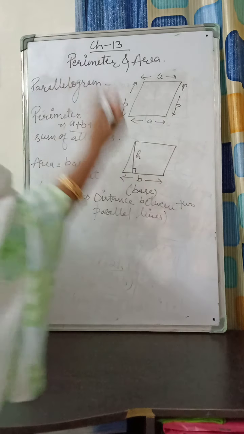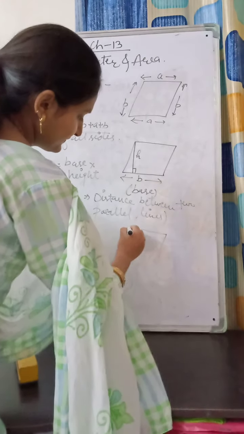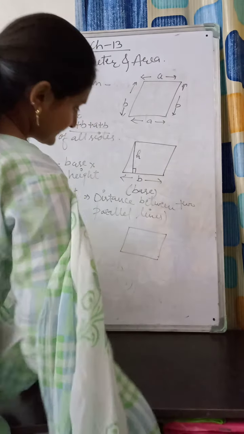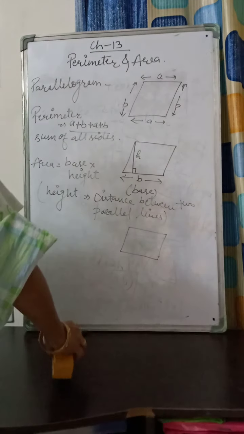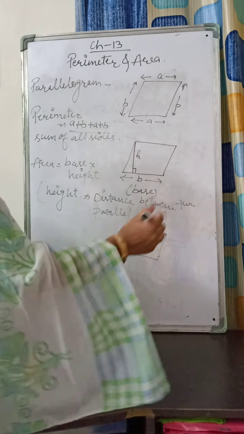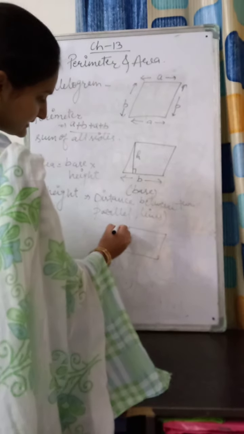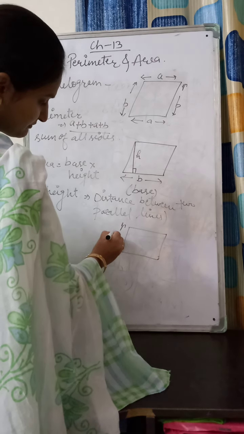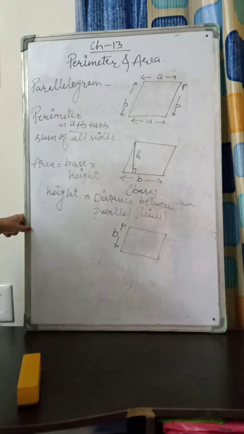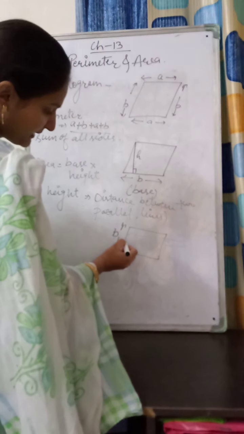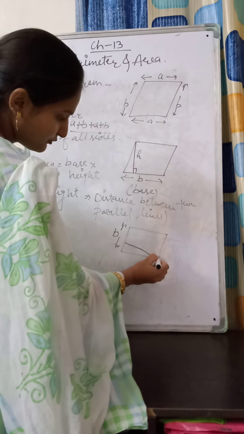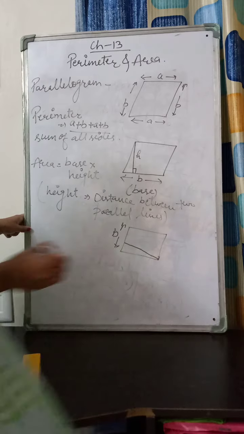And same as it is, if we are considering like this one is the base, fine, so we can put a perpendicular on the base from the opposite corner.